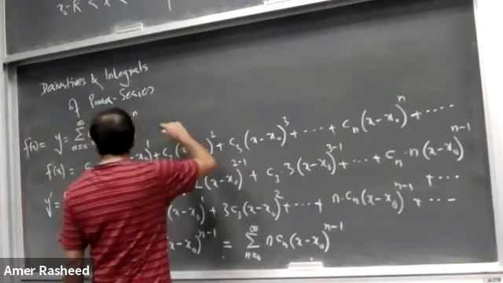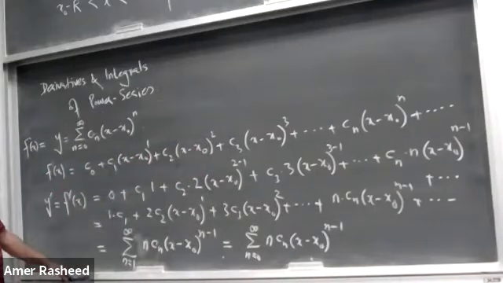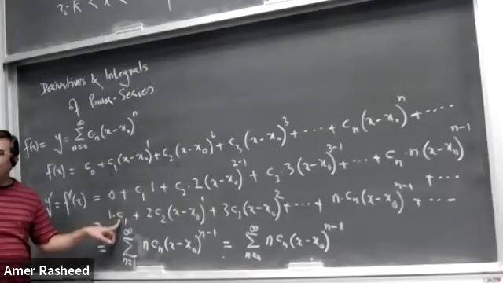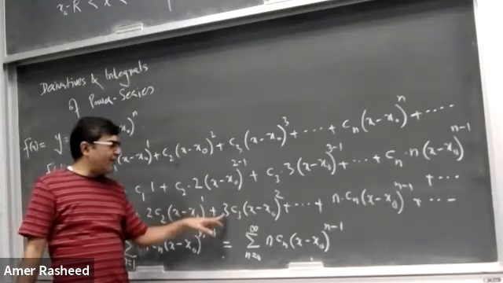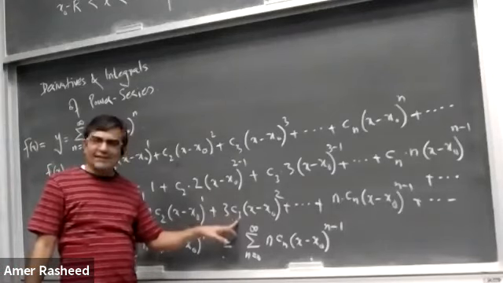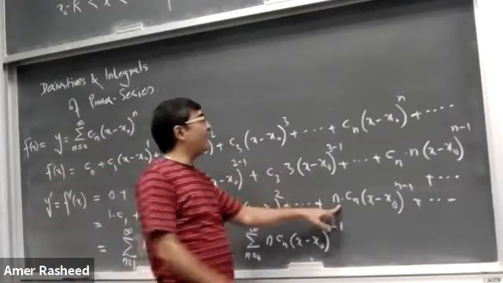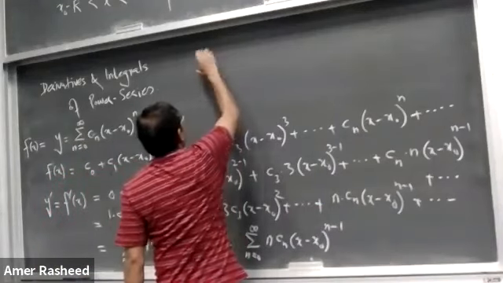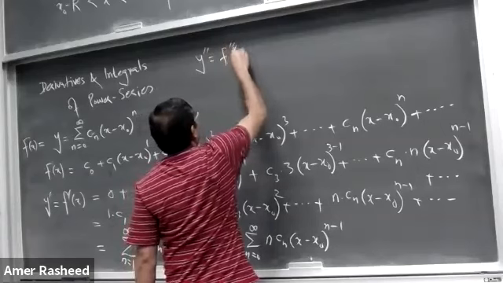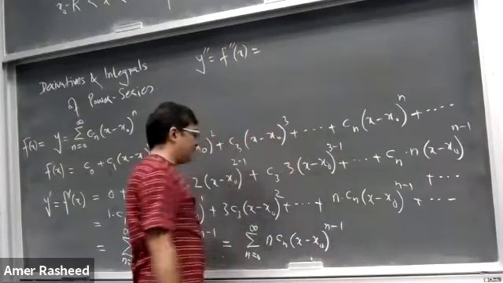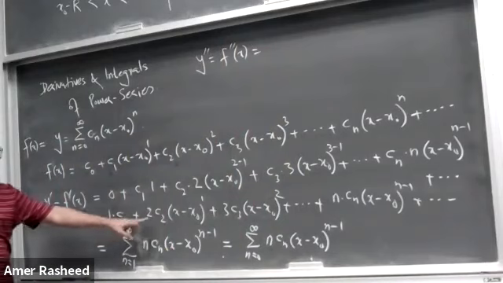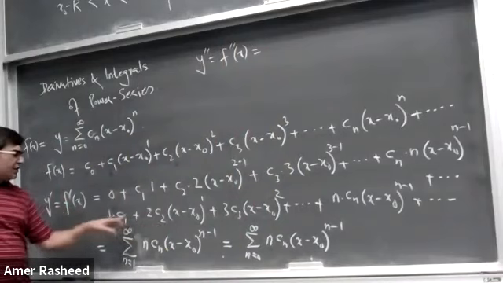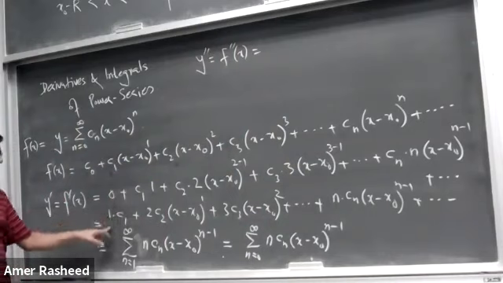Okay, now we can take the second derivative of this thing. In the second derivative, C1 will be 0. Here you have 2C2. Here you have 6C3. And what do you have here? Now y double dash would be f double dash of x, and the summation in f double dash will start from 2, because C1 is a constant term, so it will be 0.